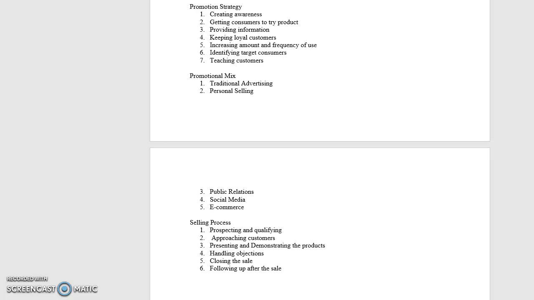Most of us don't even realize that we're being advertised to because we see it so much. Personal selling. Never underestimate the impact of personal selling. Most of us think of things like Avon, maybe car dealerships, but personal selling is part of the promotional mix.